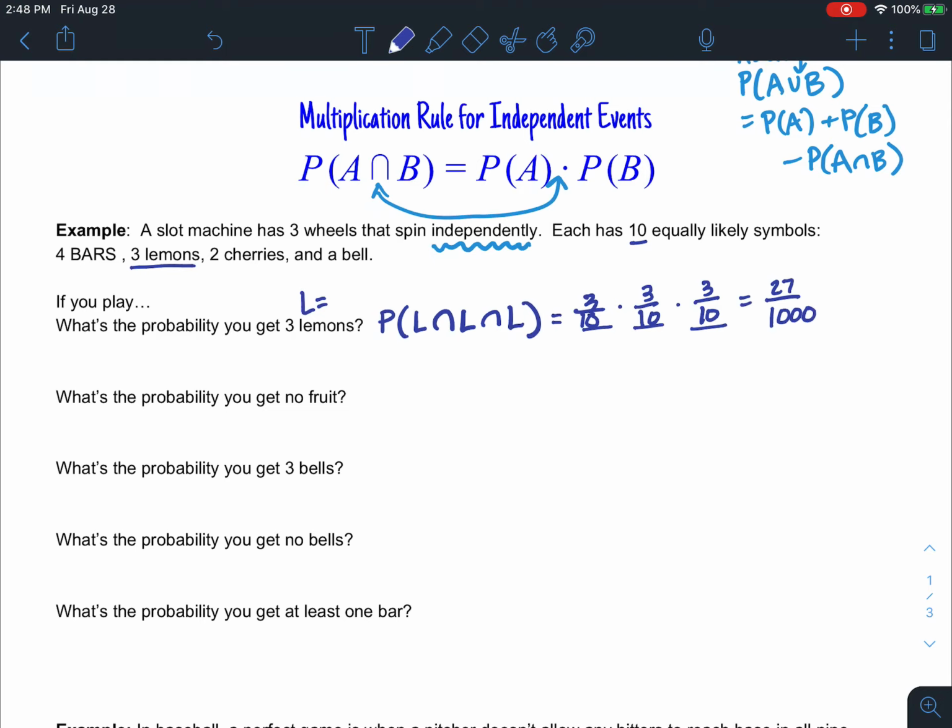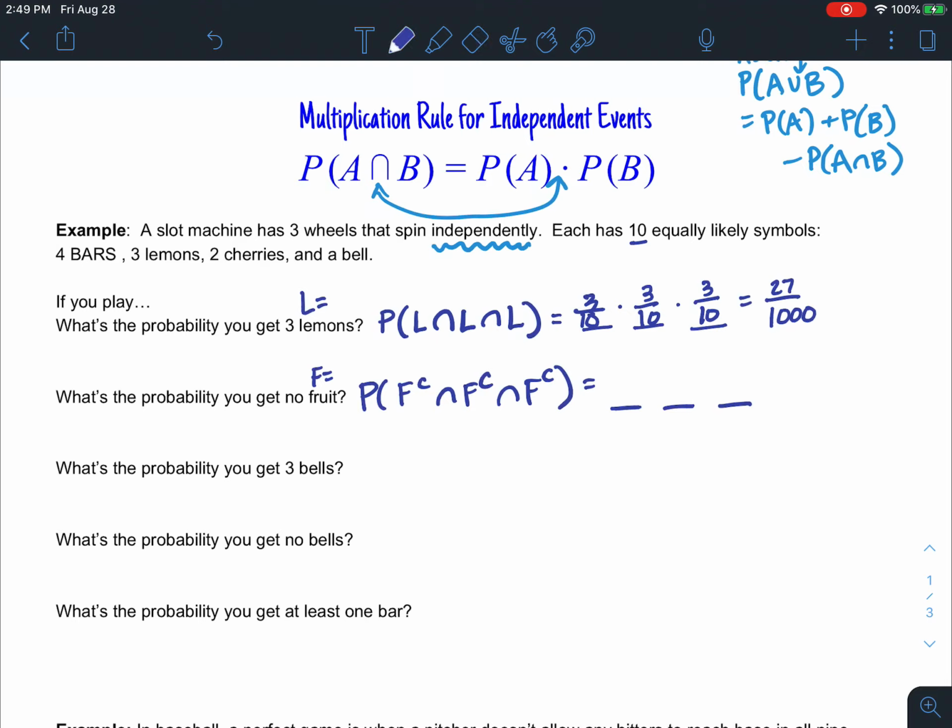Okay, let's keep trying some more examples. What's the probability you get no fruit? Let's let fruit be F. So the probability that we don't get fruit, remember no fruit, we can use our complement, not fruit. So the first one's not fruit, the second one's not fruit, and the third one's not fruit. So let's find that probability. I like to put little 3 dashes to remind me of the 3 wheels.